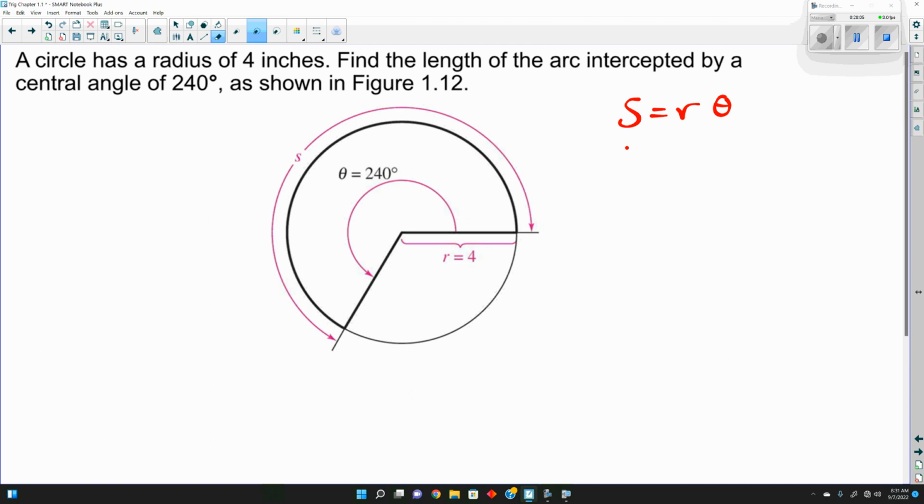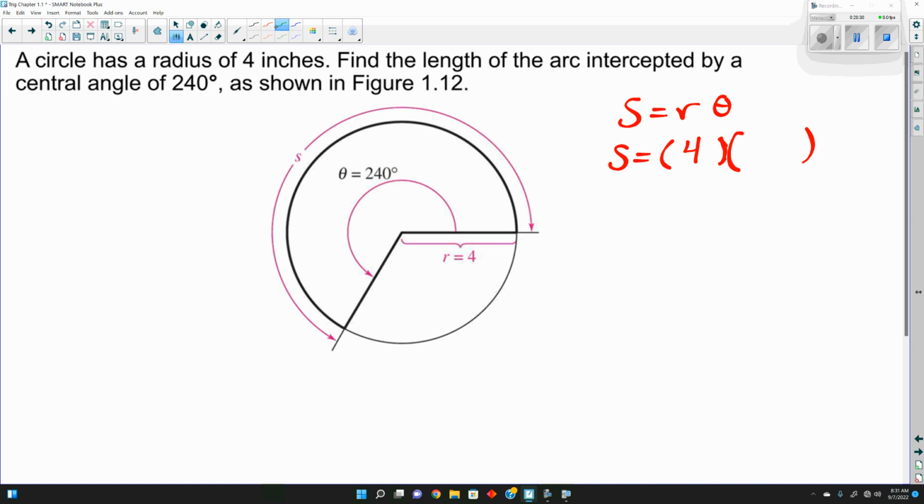Looking at this formula, do we know what the value of r is? 4. Do we know what our angle is in radians? 240 would be the angle, but is it in radians?